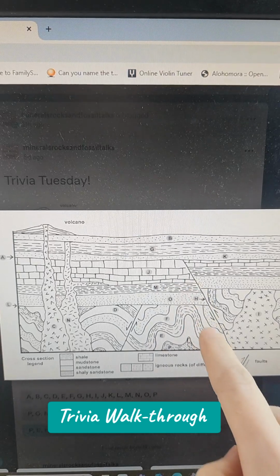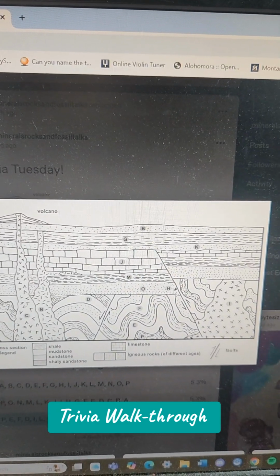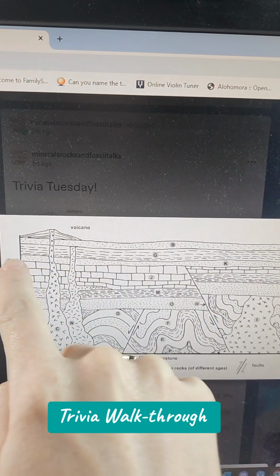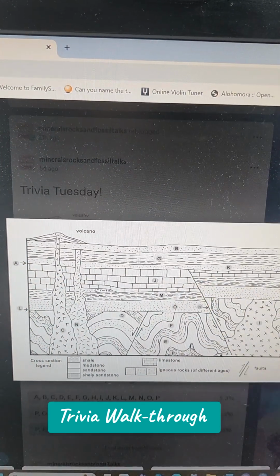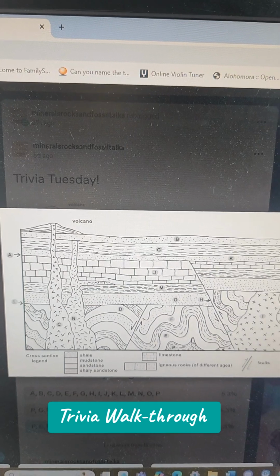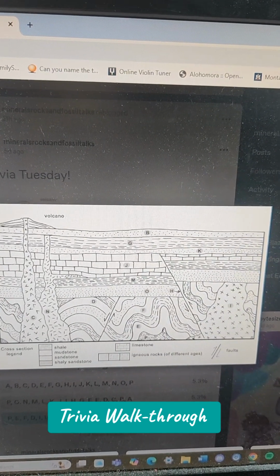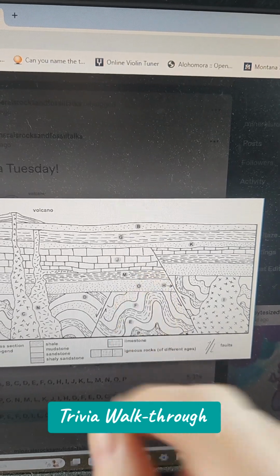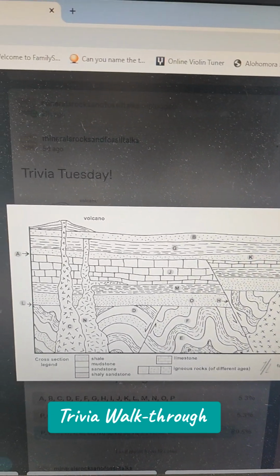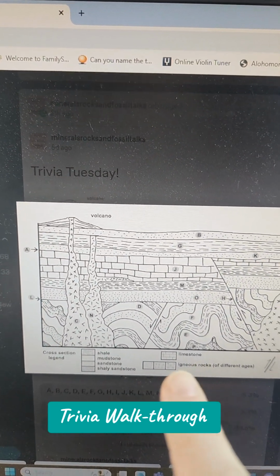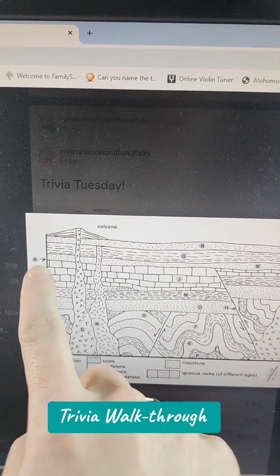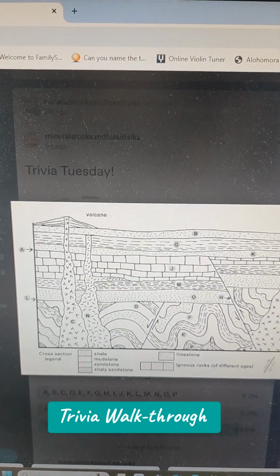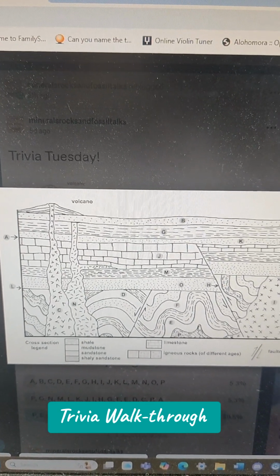And then we have H. And we know H came next because K comes across the whole top here, and so does A. So our fault H happened after our limestone was deposited, but before our erosional surface A, our next unconformity, was created, essentially.